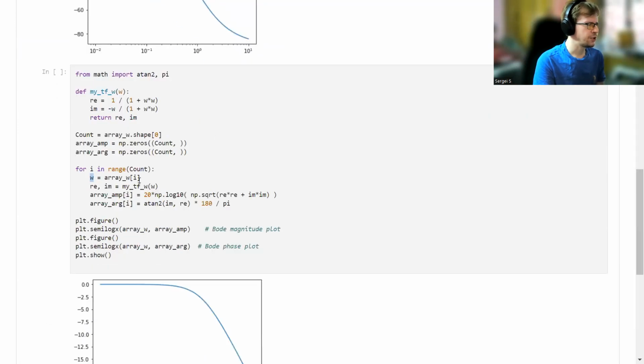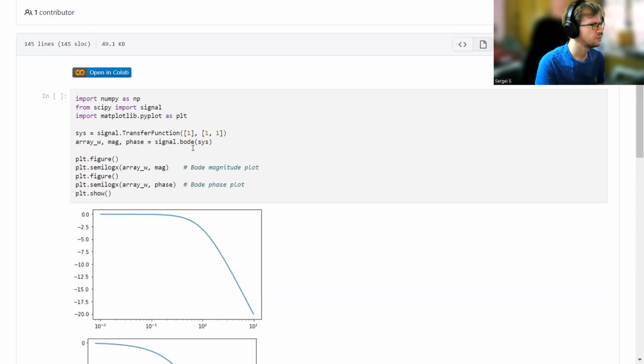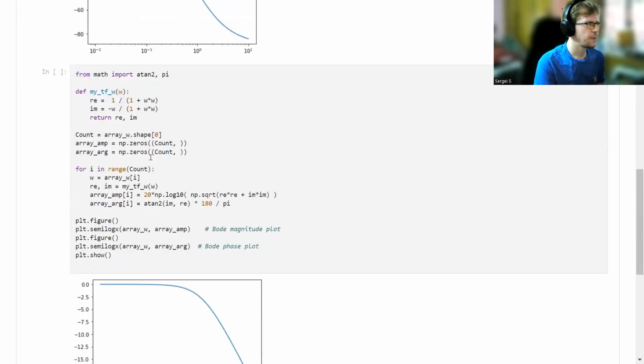We define the spectrum. Okay, so the same spectrum as we got from here, but you could just define your own distribution of frequencies. So for each frequency, you get the real and imaginary part of this transfer function. Then you get your amplitude plot like this.